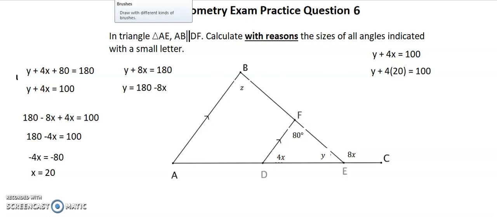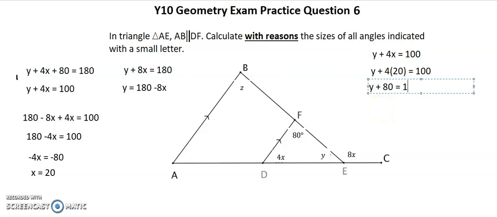So 4 times 20 is 80. So I know y plus 80 is equal to 100. So I just need to take away 80 from both sides, and that leaves me with 100 take away 80 is 20. So x is 20 degrees and y is 20 degrees.